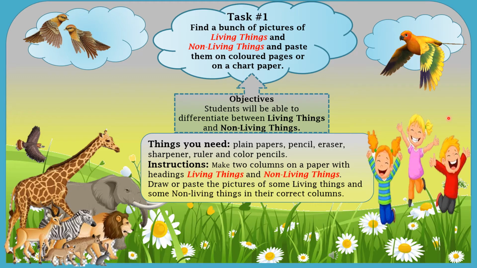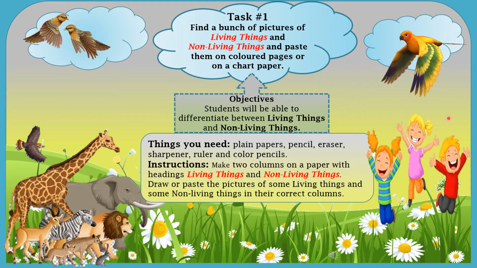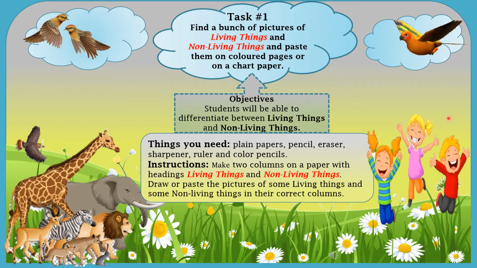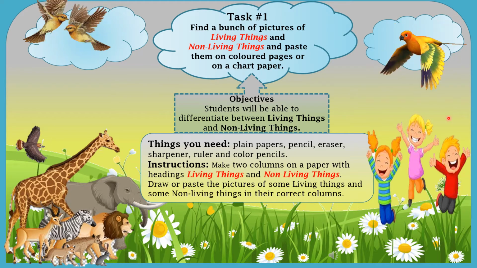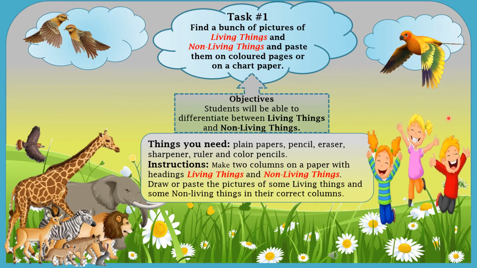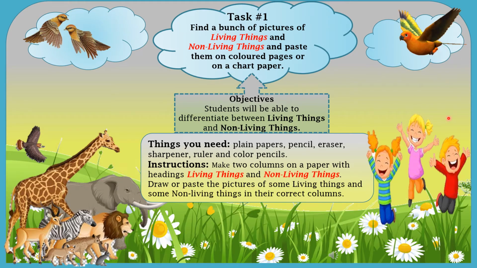So buy a colored paper drawing book, and on one page label it with living things, and another page label it with non-living things. Paste or draw the pictures under the heading, and that's it, your task is done.